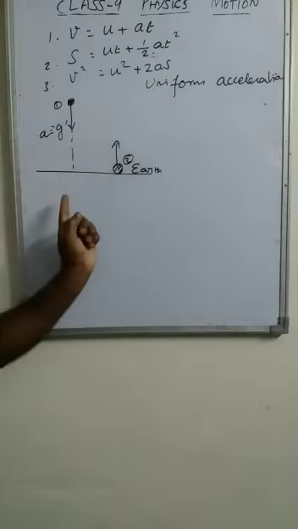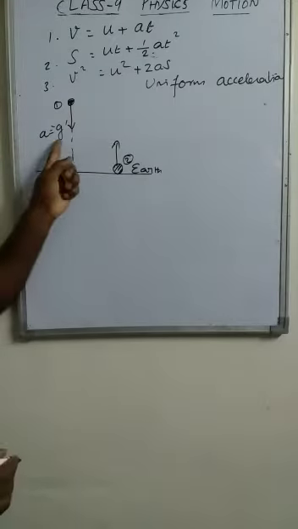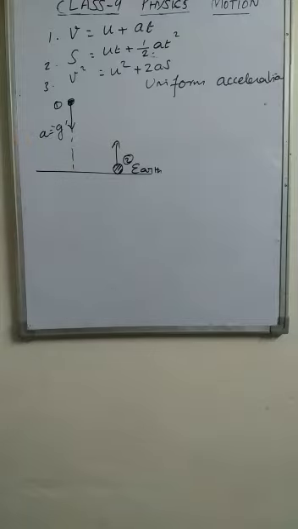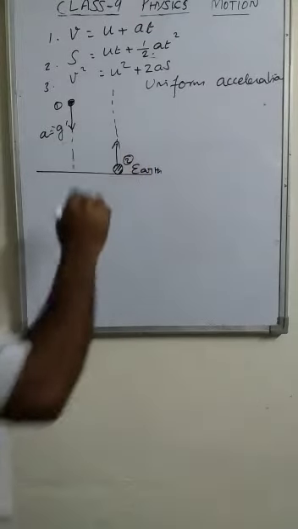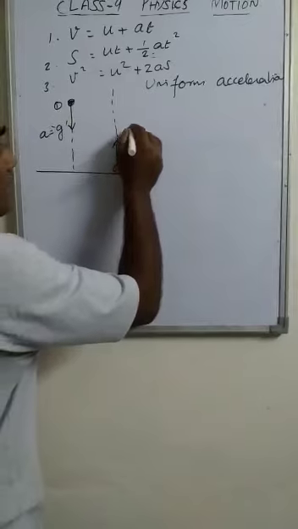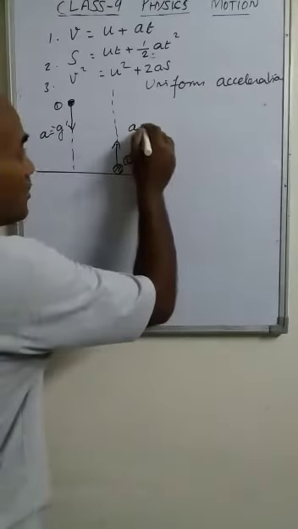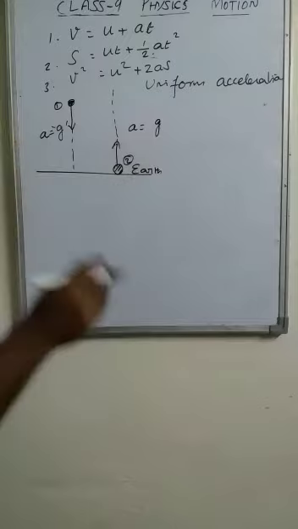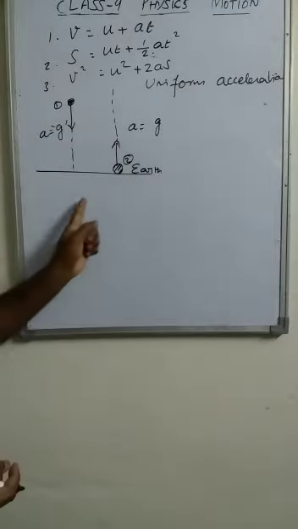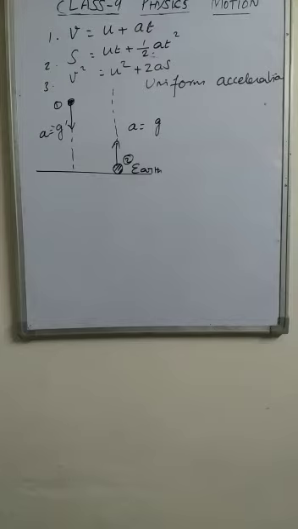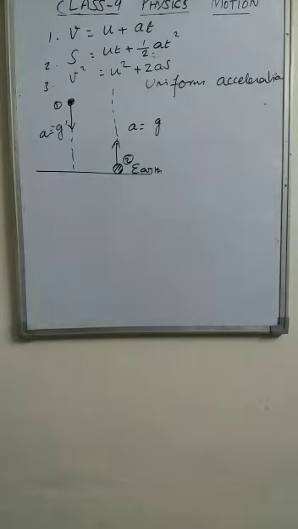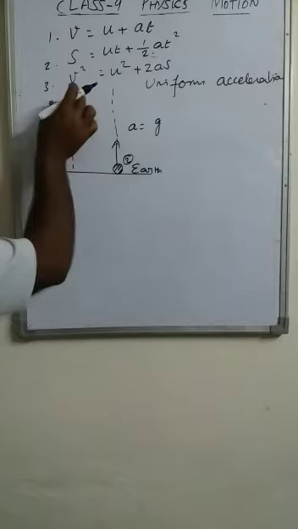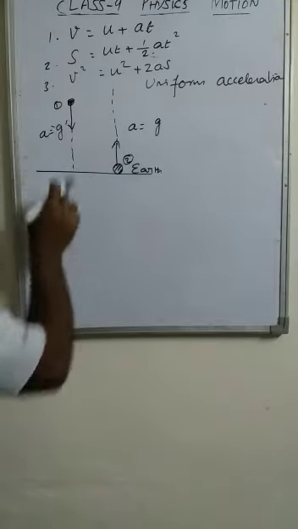In the upward case also, the object is moving vertically upward, and the acceleration produced is also called acceleration due to gravity. But the difference is that here it is downward motion, and here upward motion. Both are opposite to each other. So now we will discuss the downward motion.